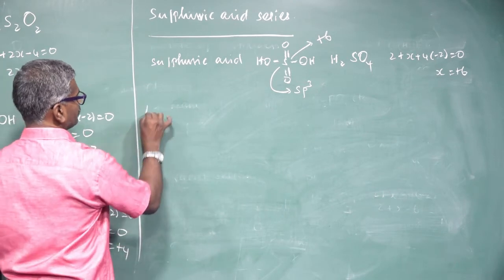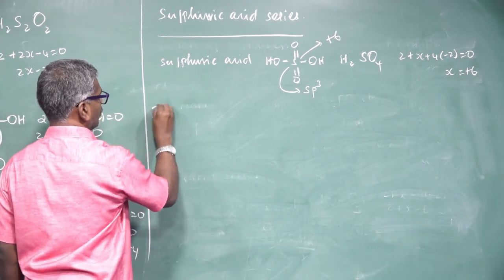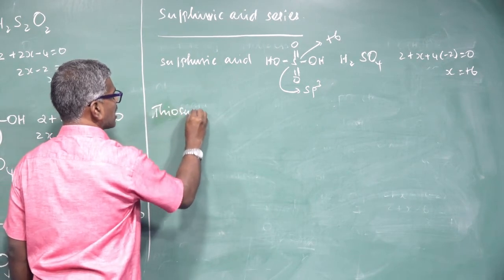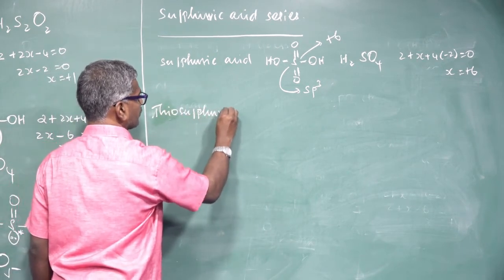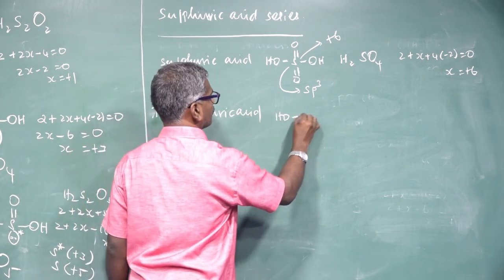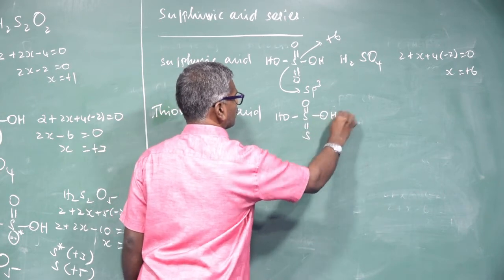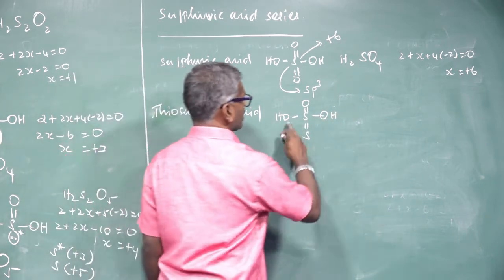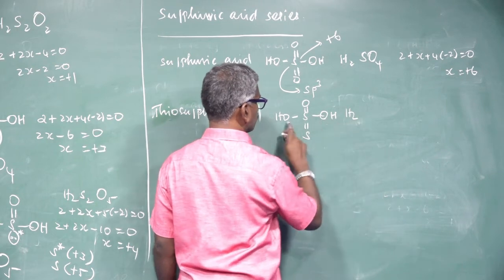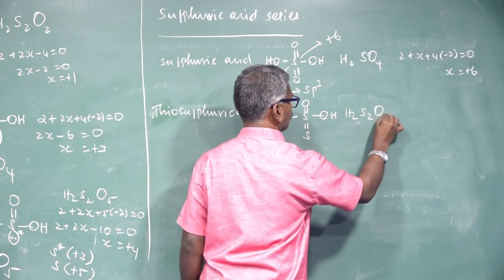Another one, thiosulfuric acid. Structure. What is the formula? H2S2O3.